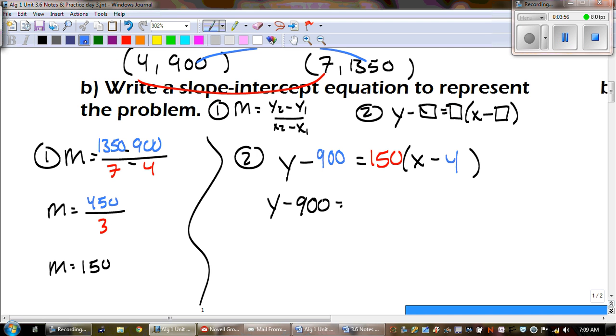On the right-hand side, we need to distribute. So we get 150x, and then we have to do 150 times 4. Okay, I got 600.